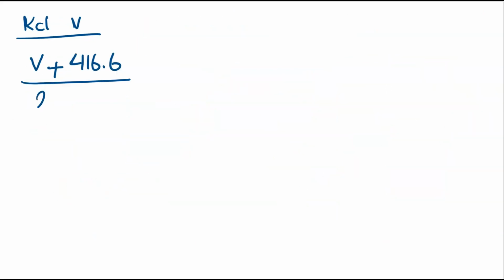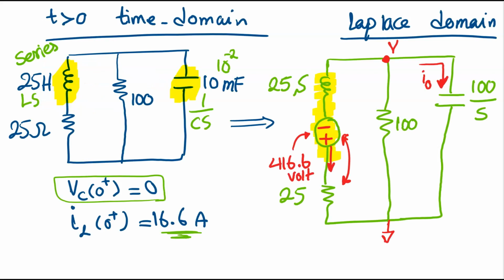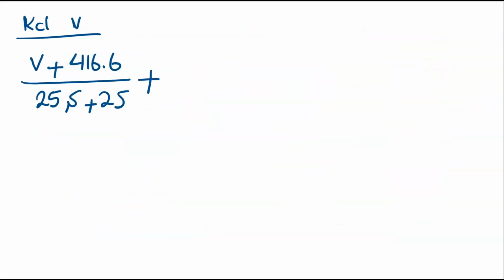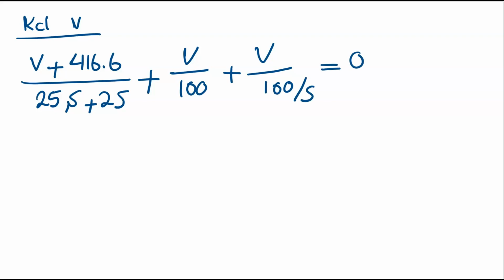So divided by 25S plus 25, and then I'm going to have the current of this branch, it's V over 100, and the next one is V over 100 over S. So plus V over 100 plus V over 100 over S equal to 0. So this is what I'm going to have as KCL, and as you can see, I have only one unknown parameter, and that's V, so I'm going to be able to solve it.